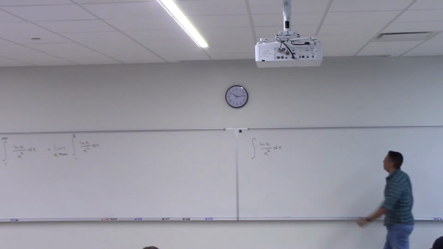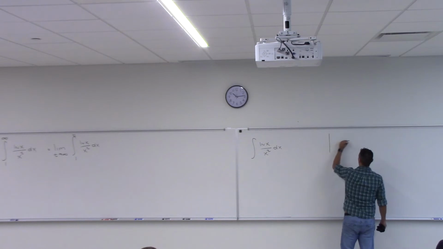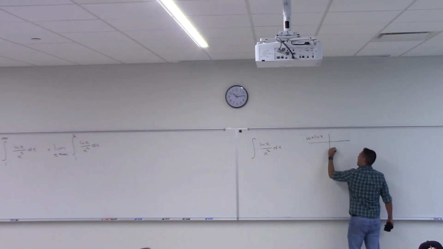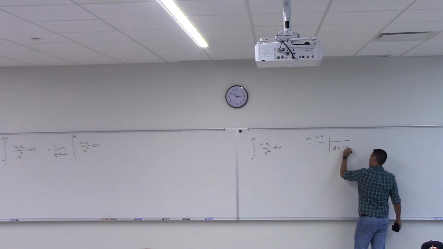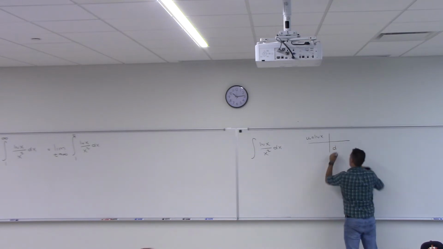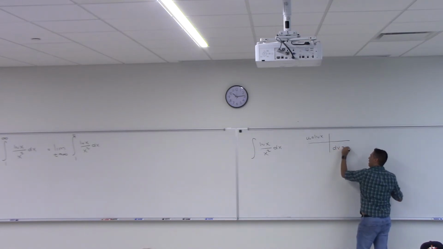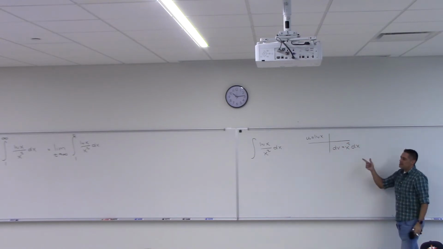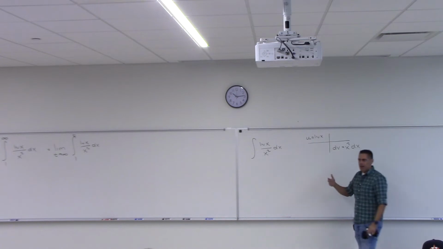Integration by parts again. Okay. What's your u going to be, though? The natural log, and dv will be the x squared dx. You should know that it's natural log because of some of the homework you've had.